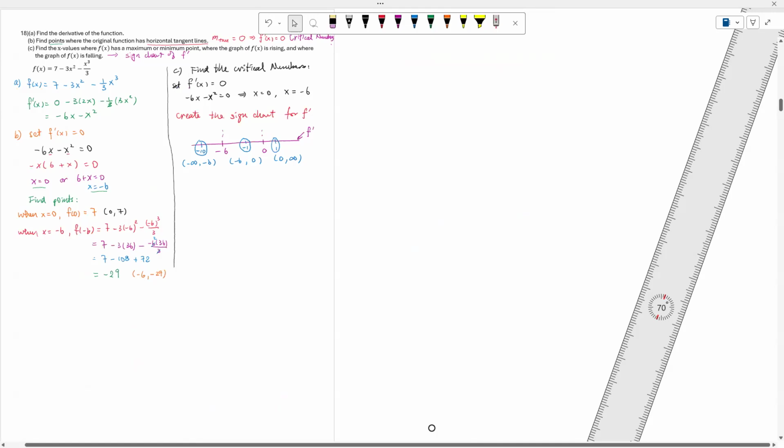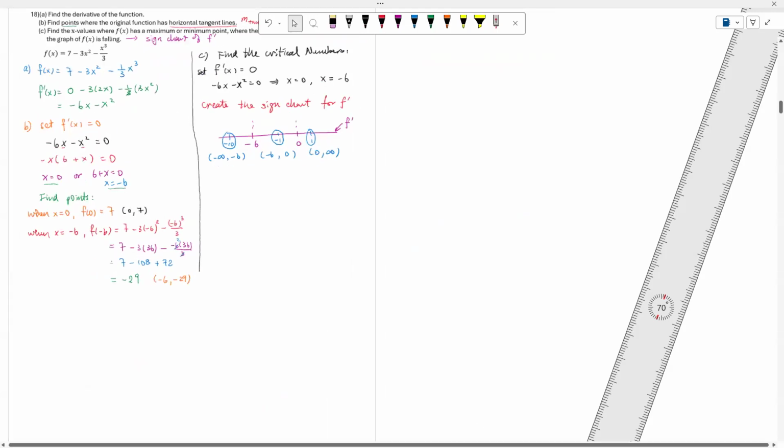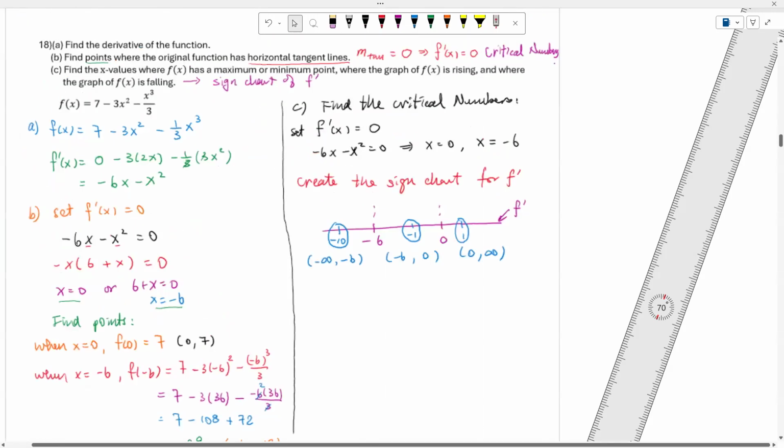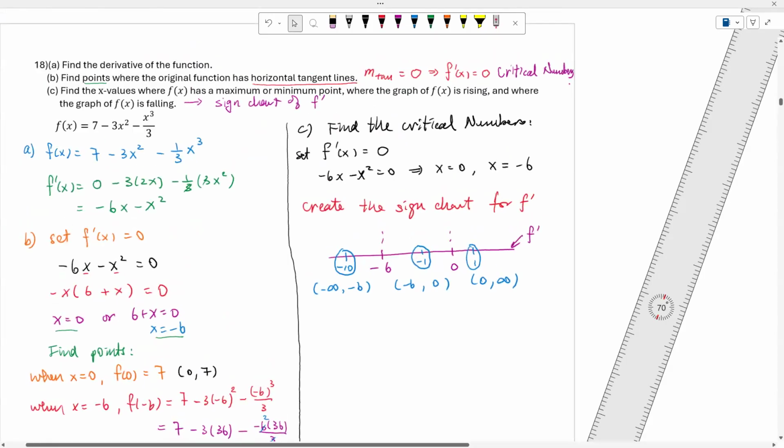Now let's test this. What we need to work with is f prime of x, maybe let me write it down as negative x times 6 plus x. We would like to work with f prime of negative 10, so I replace x with negative 10.